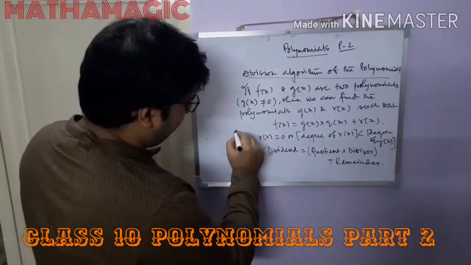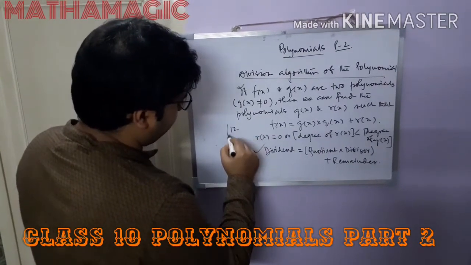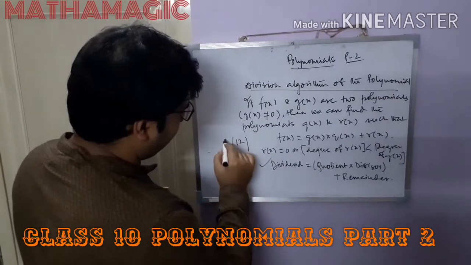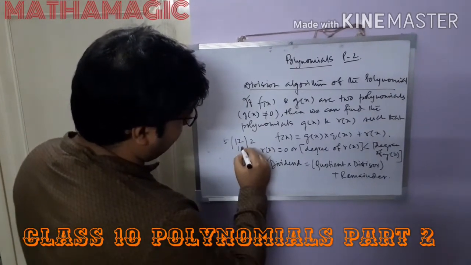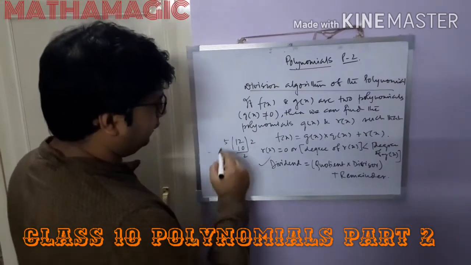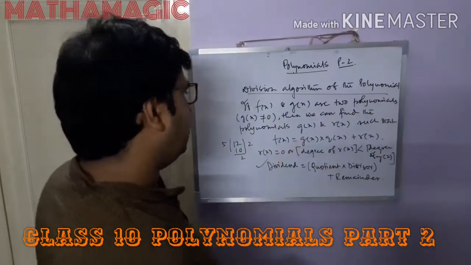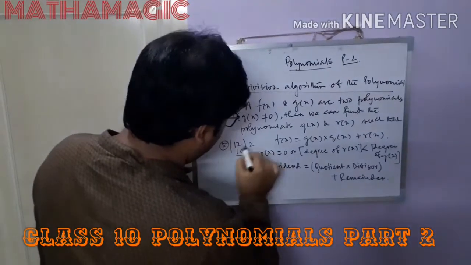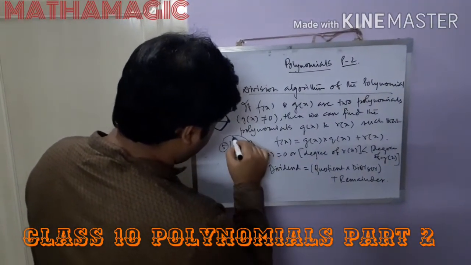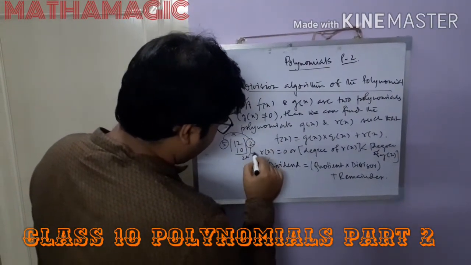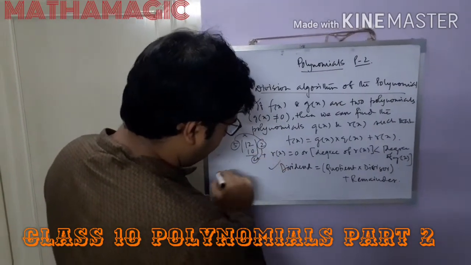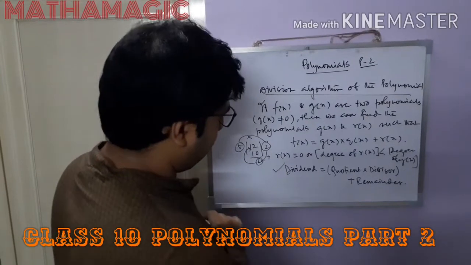Simply, if we take one example, if we divide 12 by 5, 5 twos are 10, and 2 will be the remainder. So we have seen from our childhood that if we multiply 5 into 2 and add the remainder, it will give 12.